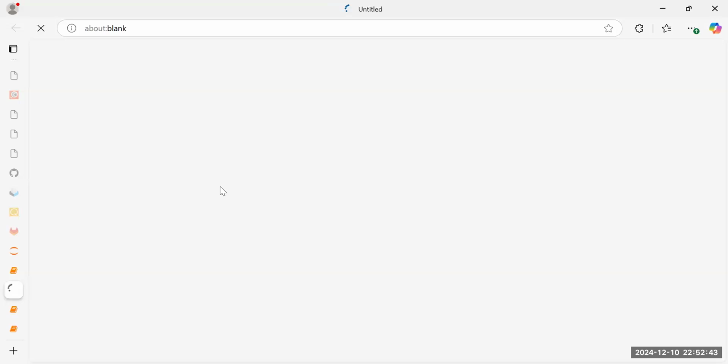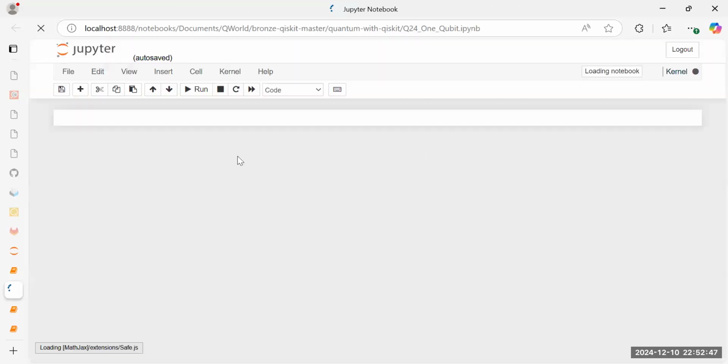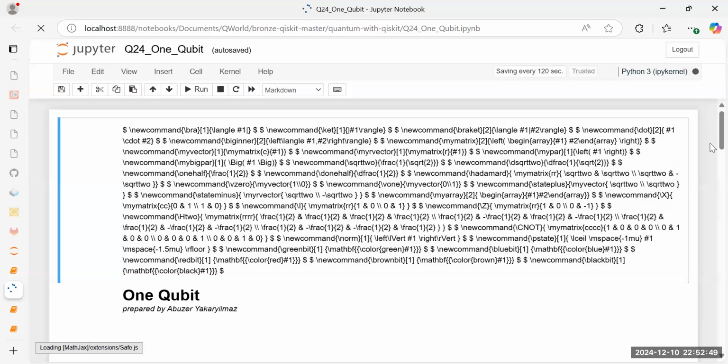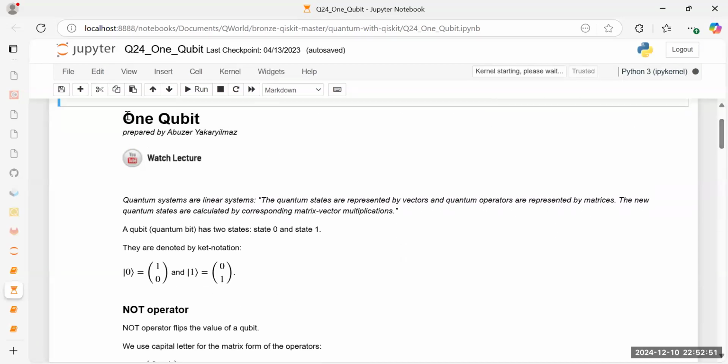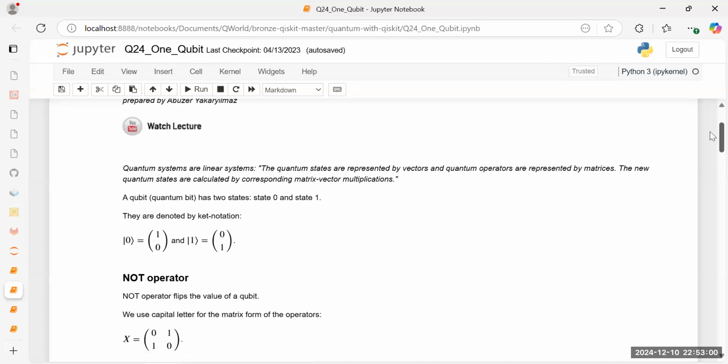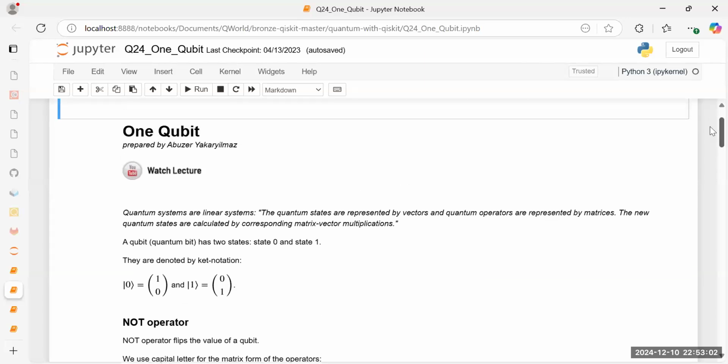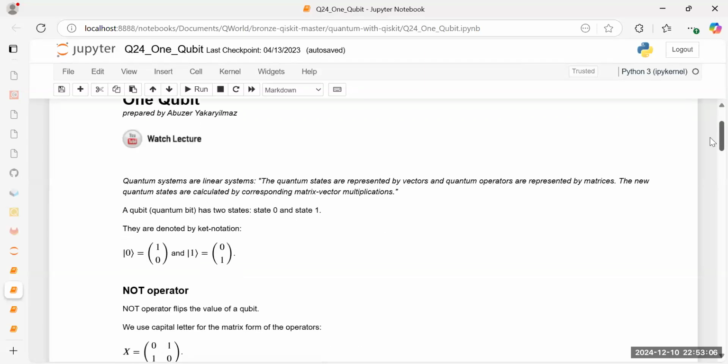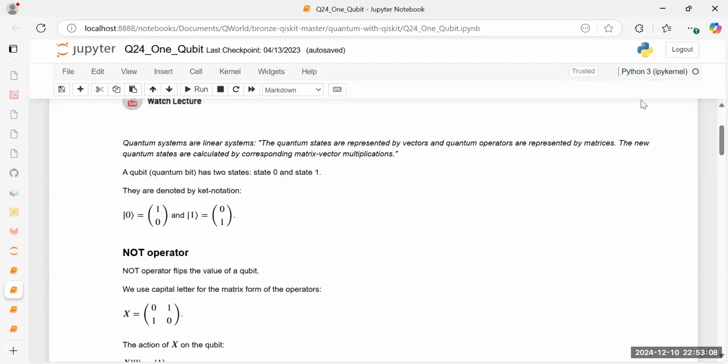Okay, so let's move on to 1 qubit. When we're running the circuits, we already spoke about what a single qubit is. We said, similar to how we utilize bits in a classical computer, we also have qubits in a quantum computer.